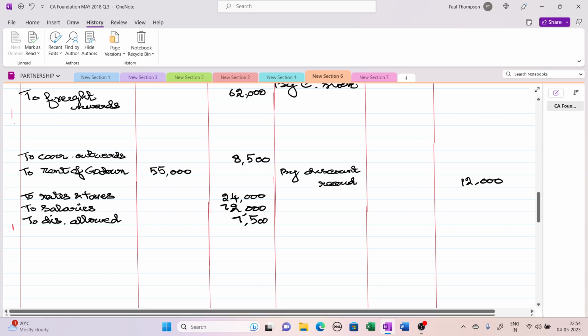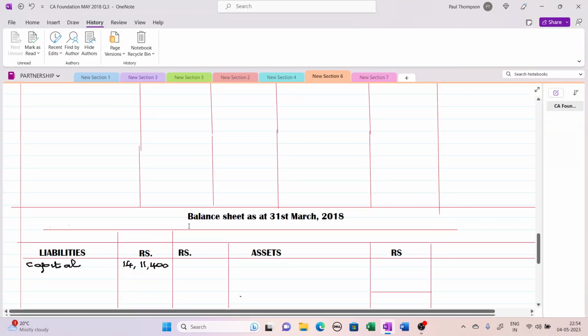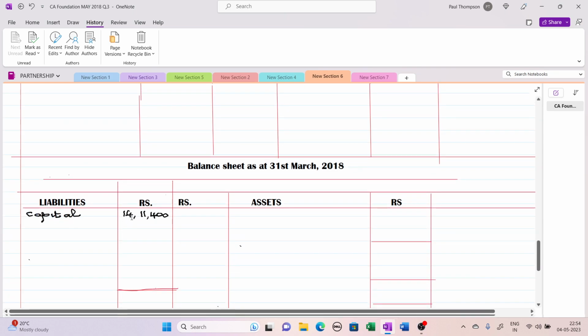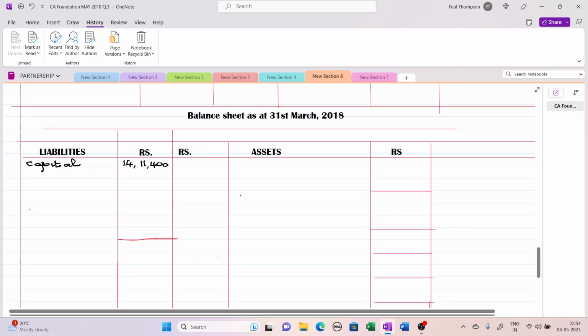Next item is drawings. Drawings will go to your balance sheet. So we have to reduce it from capital. So I am going to write it here. Less drawings.